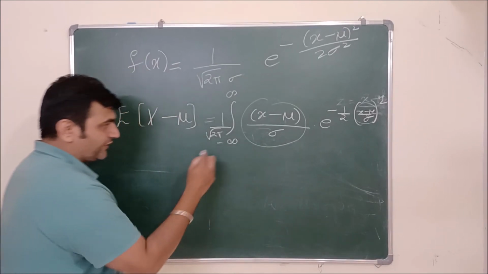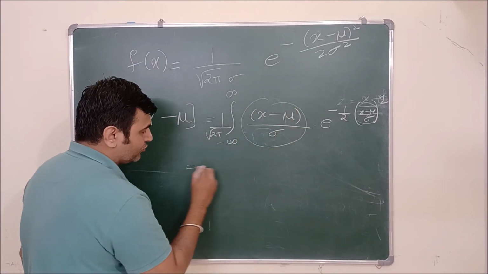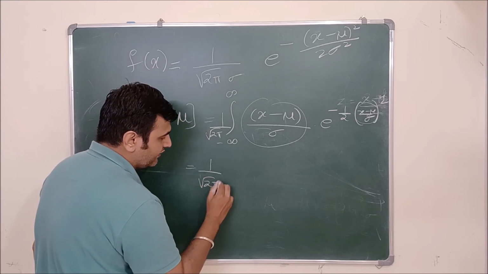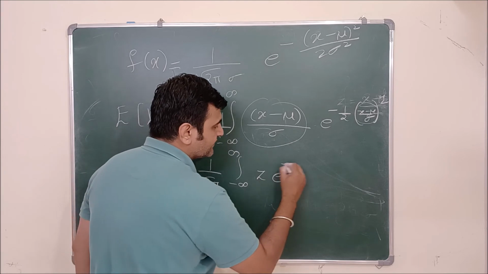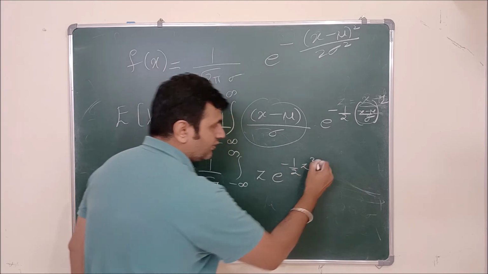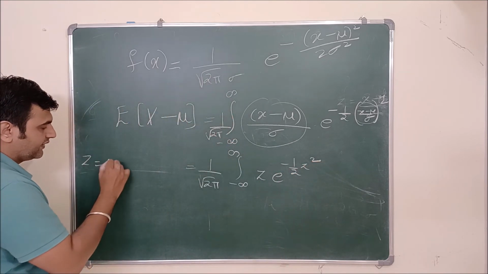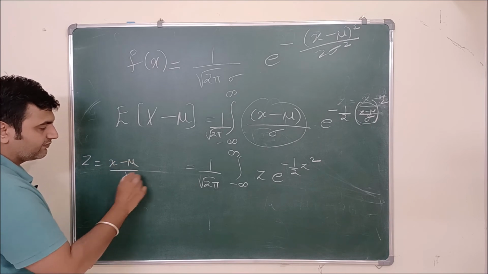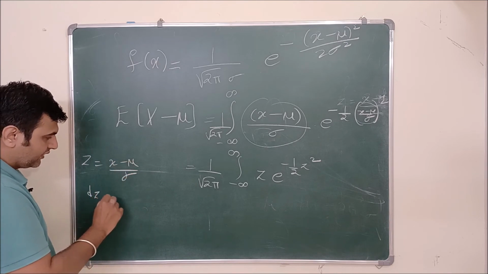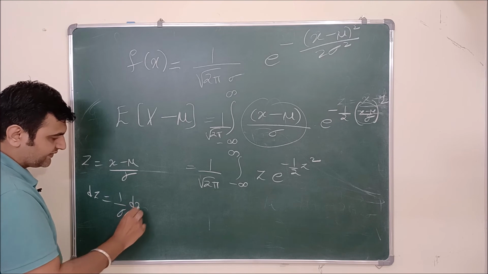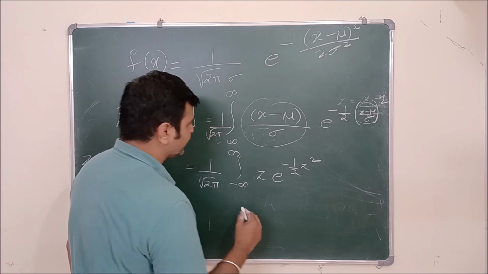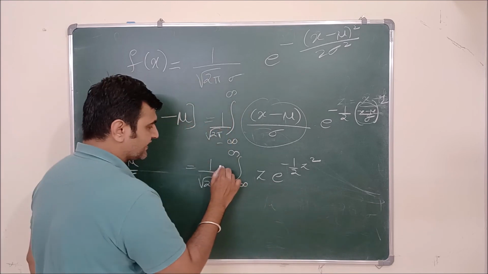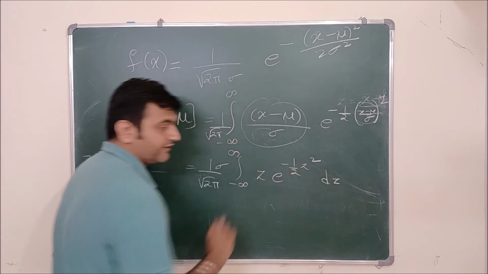Now if I call z to be this, 1 upon root 2 pi integration minus infinity to infinity z e raised to minus 1 by 2 z square. So if z is (x minus mu) upon sigma, what is my dz? It is 1 upon sigma into dx. This is 0, it's a constant. So what is dx? Sigma dz. Sigma is again a constant, dz.